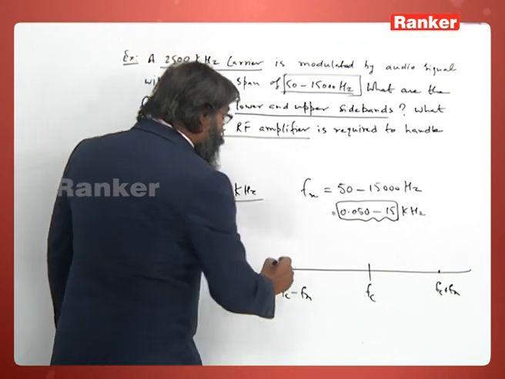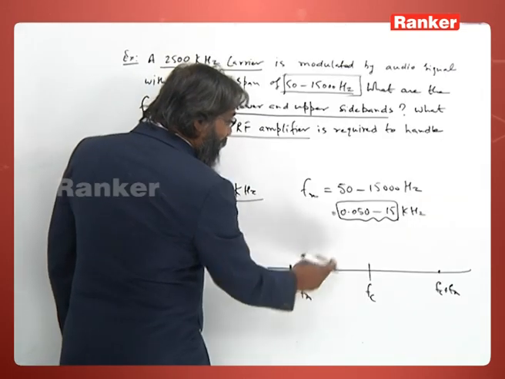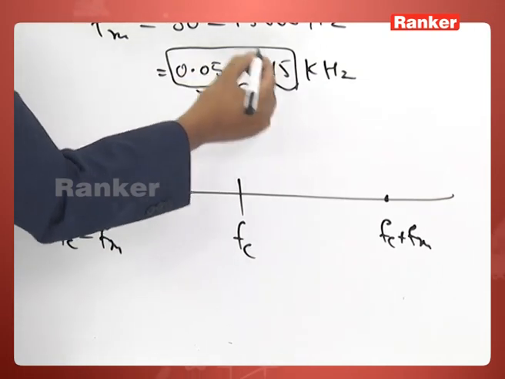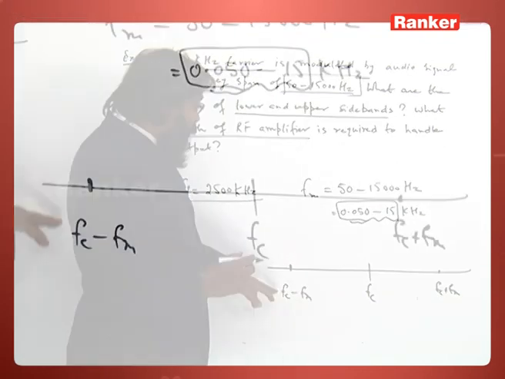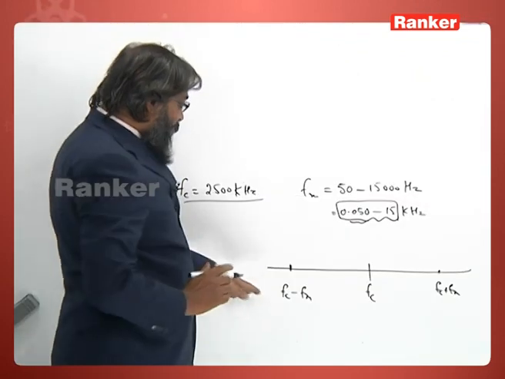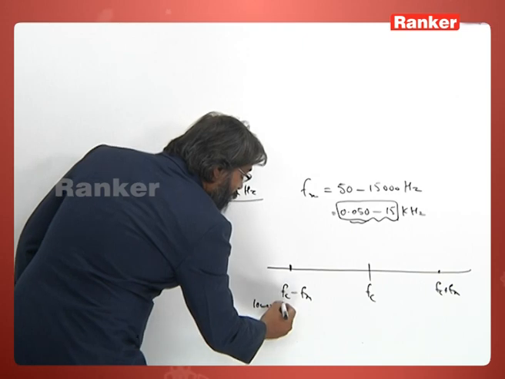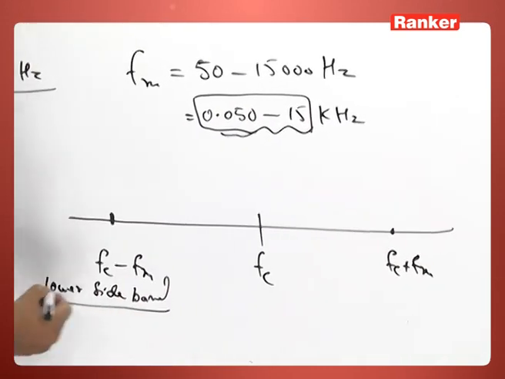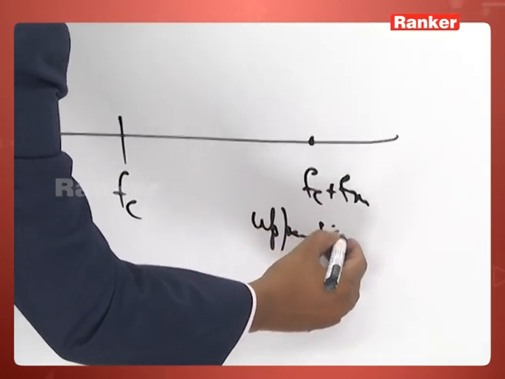Here we have this FM, which ranges from 0.050 to 15 kilohertz. Let us see what these frequencies are.